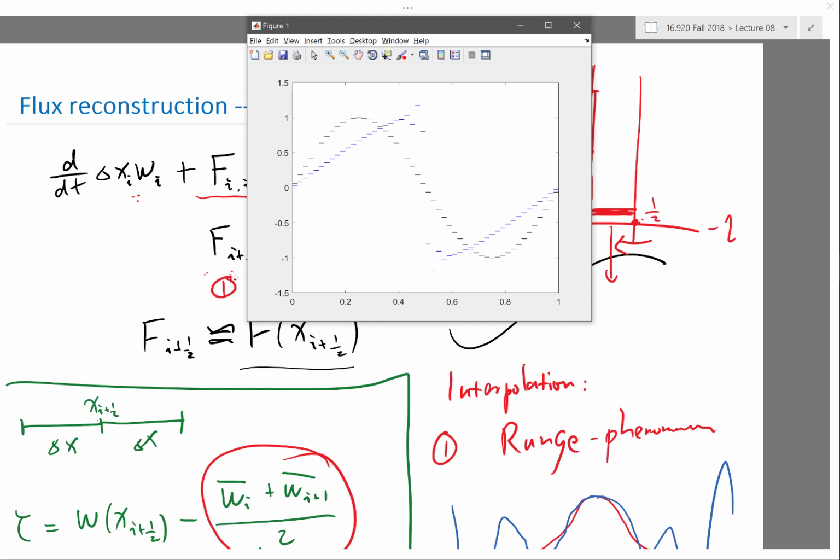If you truncate the Fourier series at any level, you are going to see the Gibbs phenomenon: near the discontinuity, undershoots and overshoots, pretty much something like this. So it still has to do with the interpolation. We are interpolating the flux, which makes it better, but we are still interpolating across a discontinuity.